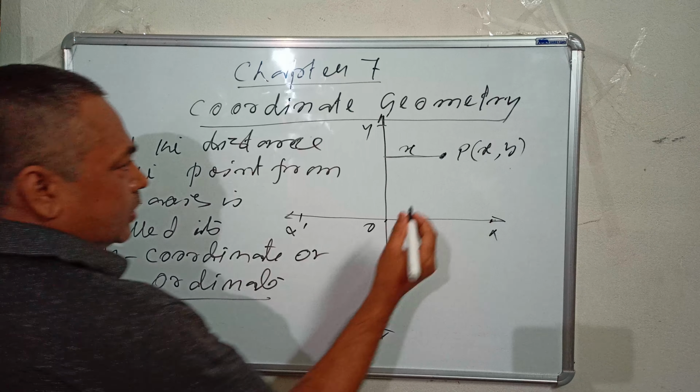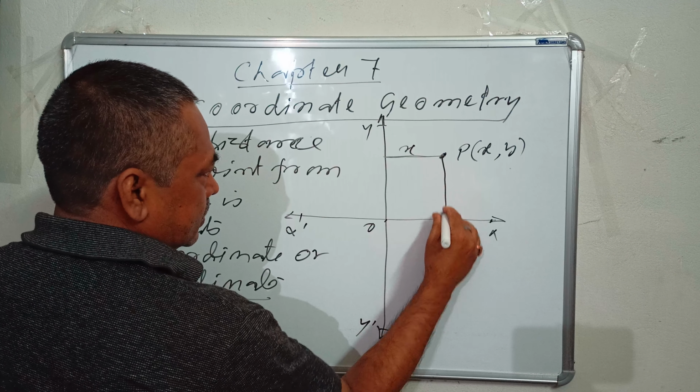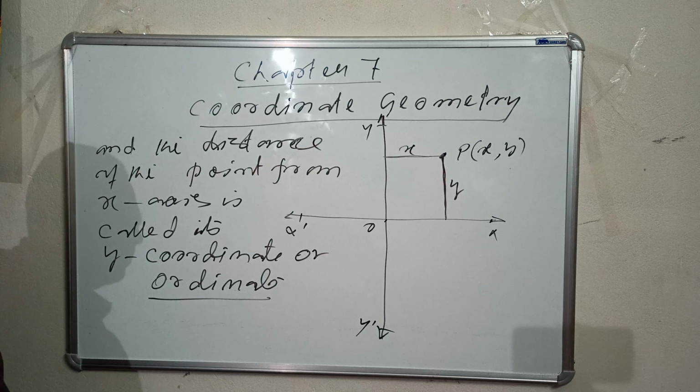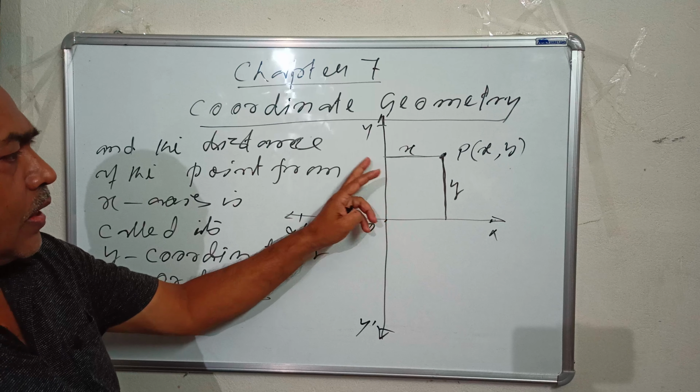So this distance is y. That means here y is here.